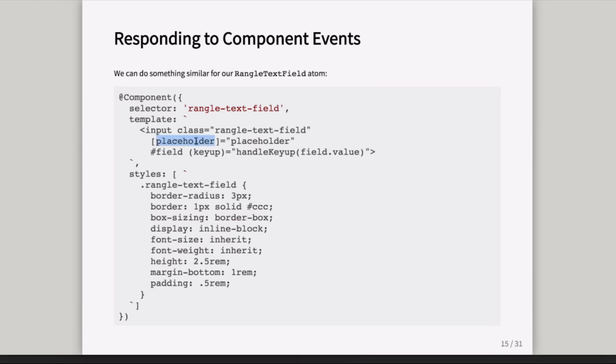We bind the input's placeholder property to some text which will be defined on our controller class. And then we hook it up to handle key up events. This octothorpe syntax here, the hash sign, is declaring a template local variable. It just allows us to access the value of the input in our expression.